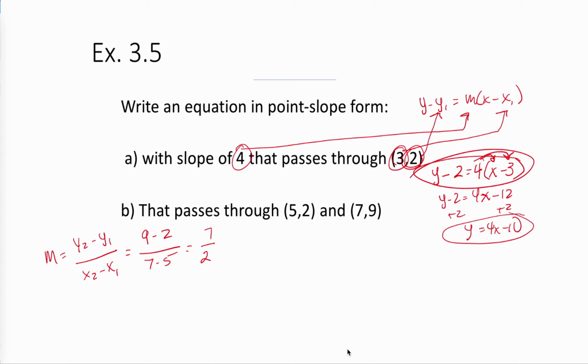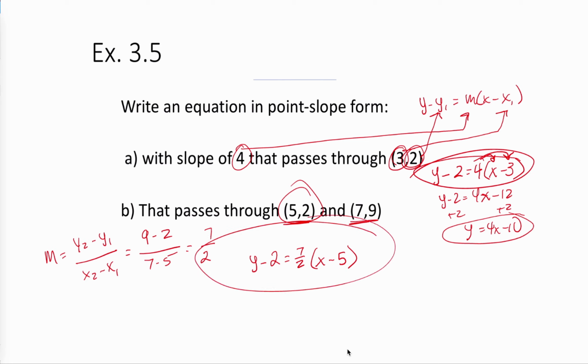So then in point-slope form, y minus, you can pick either one of these points. It does not matter. I'm going to go with the first one, just because. And our slope was 7/2, and this is x minus 5. There you go. Point-slope form. Again, we could put it in slope-intercept form if we wanted to, but the question doesn't say to do that, so let's not.